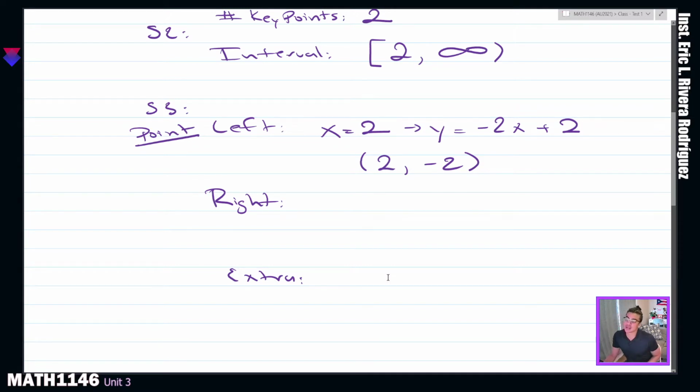For the second point, we have the situation that the right boundary is infinite. So there's no number on the right boundary there, just a mathematical expression. So what are we going to do? We are going to select a value between 2 and positive infinity, and we're going to select something that is easier, right?